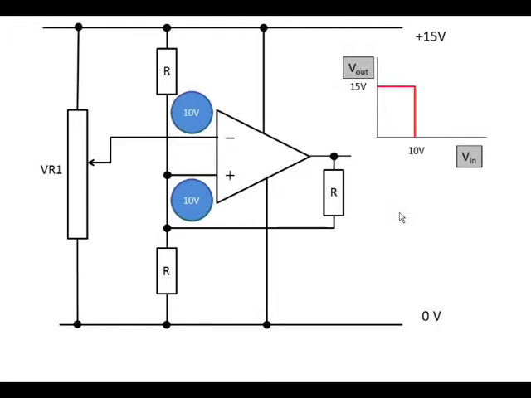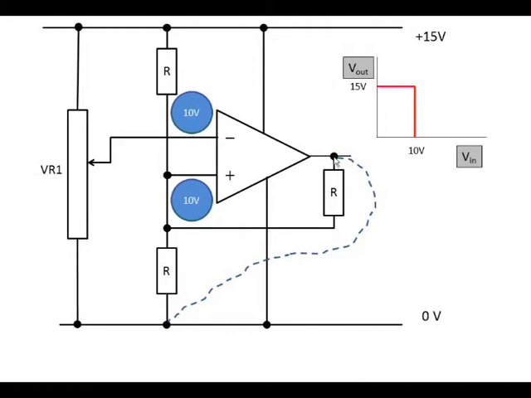When we reach the upper threshold voltage, the output voltage suddenly drops from 15 volts to 0, because now the inverting input voltage is exceeding the non-inverting voltage. The effect that has on the combination of these three resistors is such that the output has dropped to the lower voltage, 0.